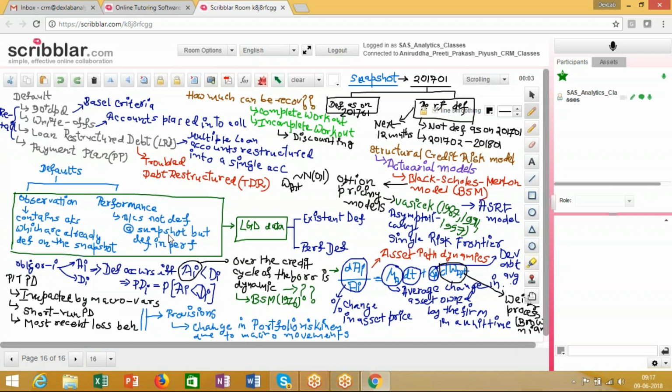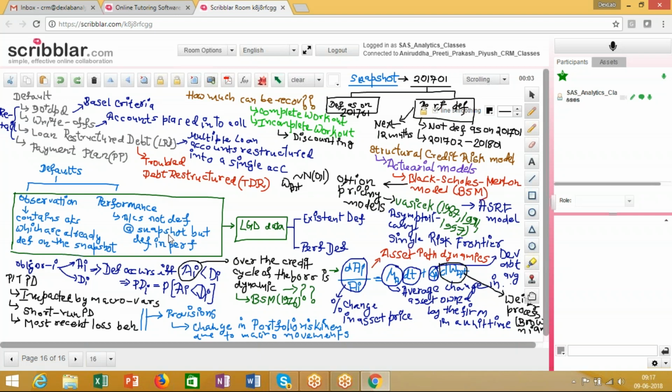So basically, when we are developing a probability of default model, a PD model, our objective is to assess the chances that an account will default in the next 12 months, right? So that is our first objective.